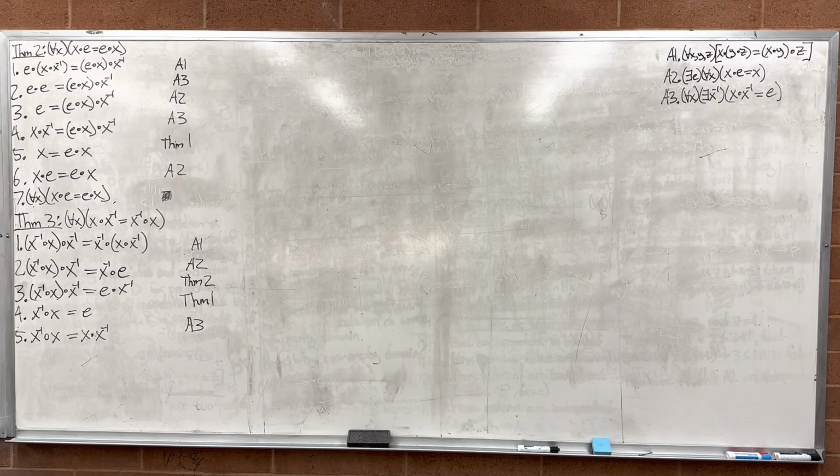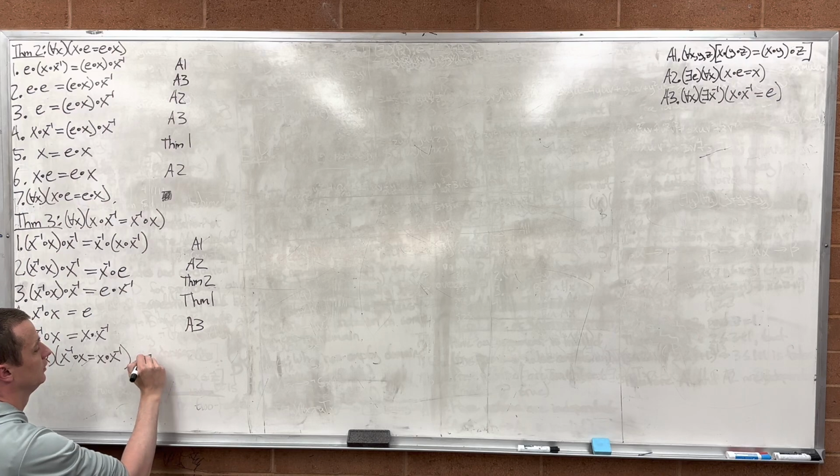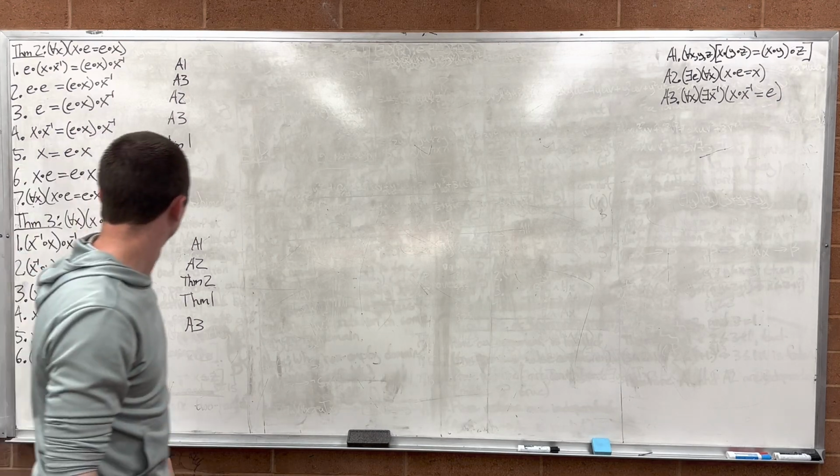Yeah. And now, since we didn't introduce any premises and it's just all axioms and theorems, we didn't have any premise introducing flagged variables, so we know we can universally generalize to for all x, x inverse compose x is equal to x compose x inverse. Right? Any questions on that one?